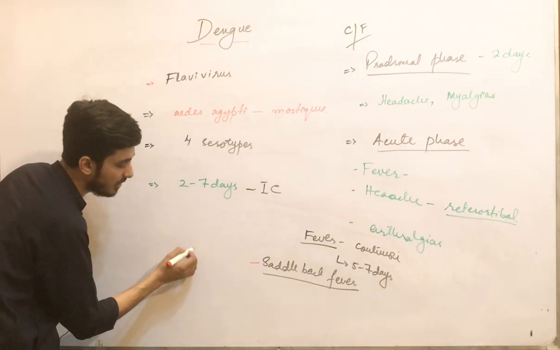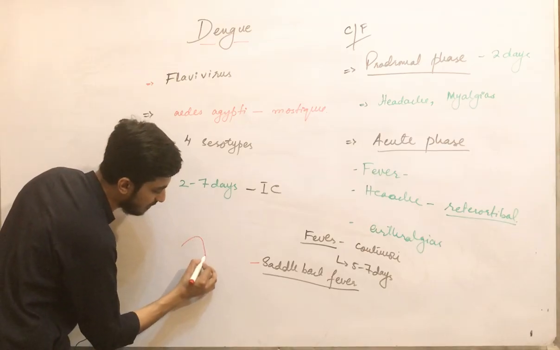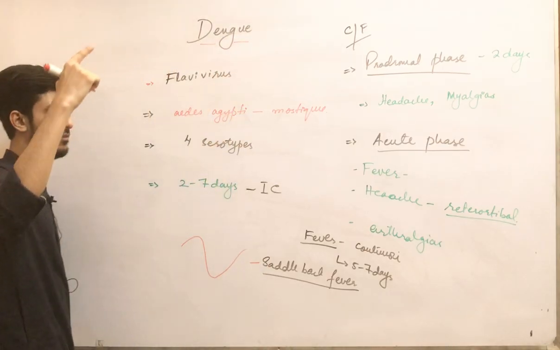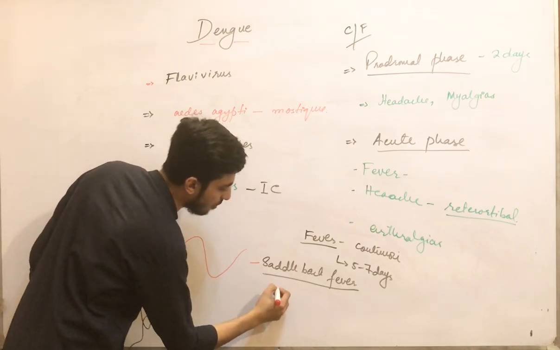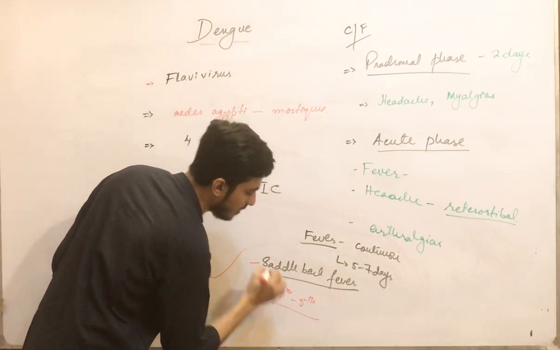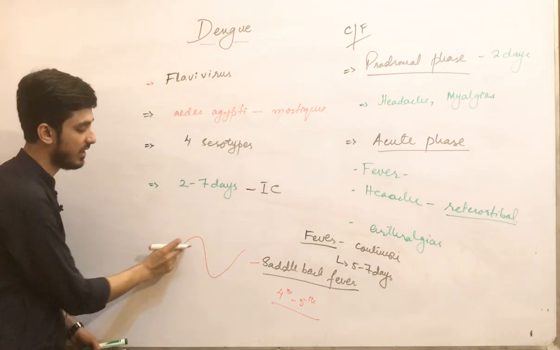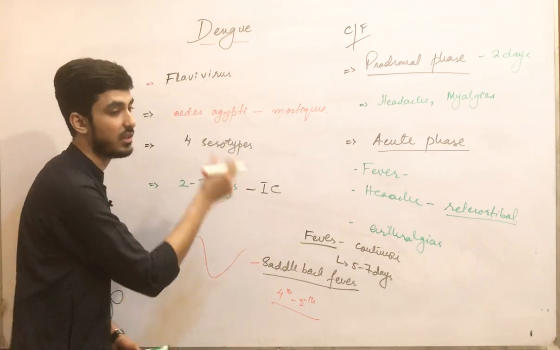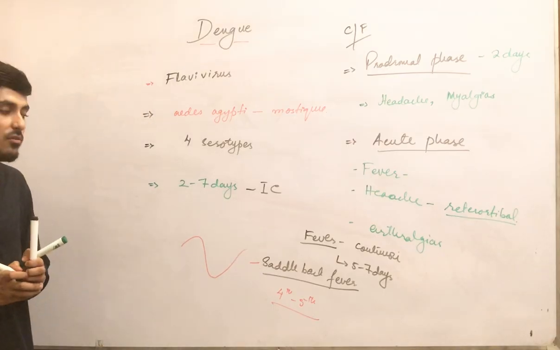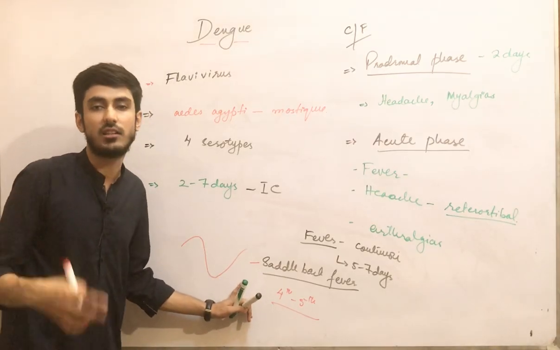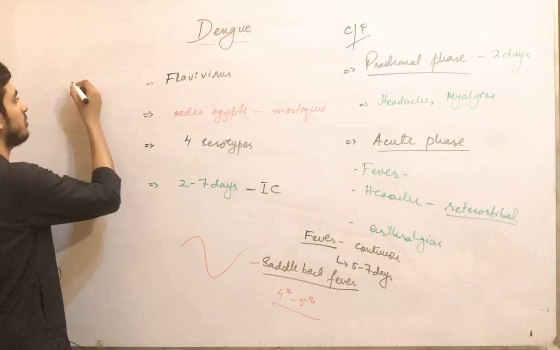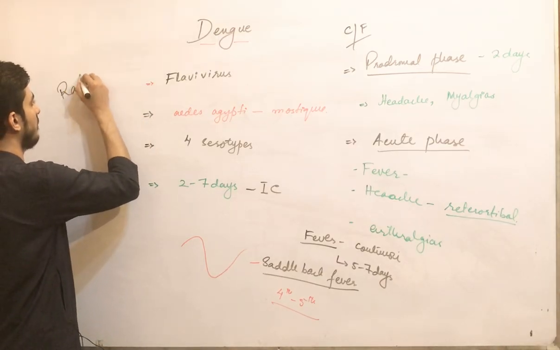The patient will complain of a high grade fever, then the fever drops, and then again the patient has a high grade fever. So there is a drop in the fever after every 4th or 5th day. This is called the saddleback fever: high grade, then drop, then once again high grade. Then after fever, the patient can also have a rash.